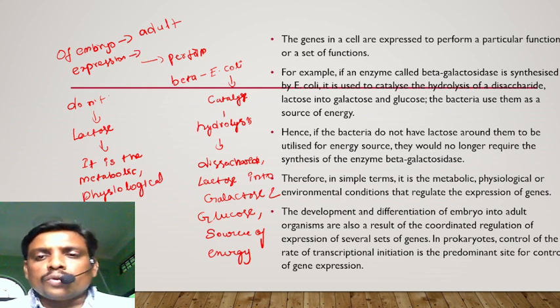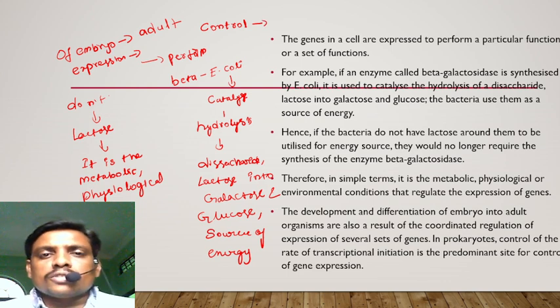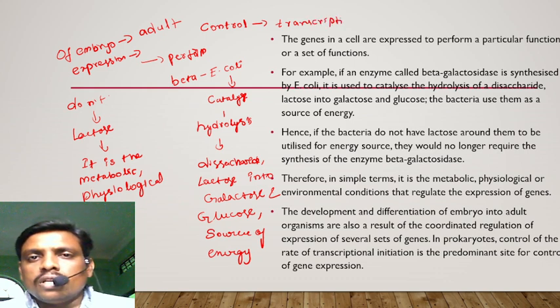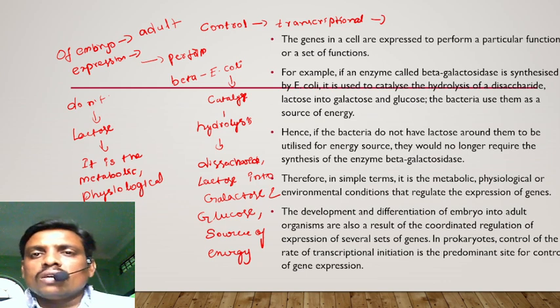Whereas if you take the prokaryotes, generally they control the rate of transcriptional initiation. Transcriptional initiation is the predominant site for controlling gene expression.